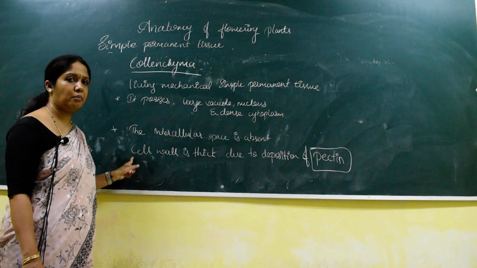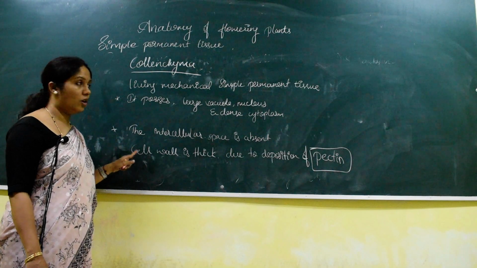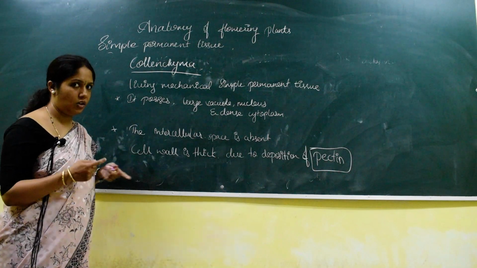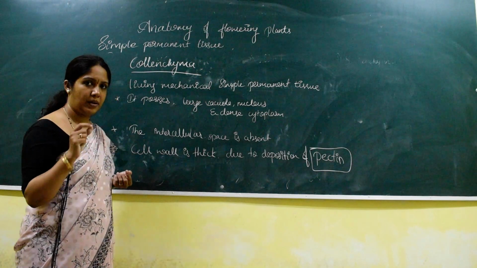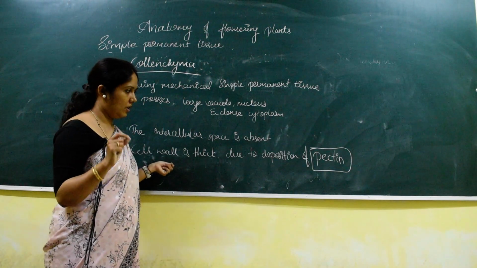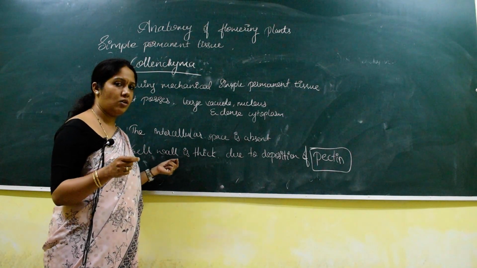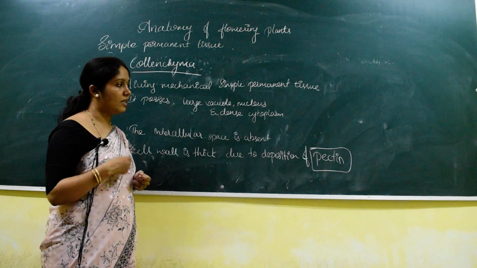This itself is a very important point. So what is the composition of the cell wall in Chloranchyma? It contains cellulose and hemicellulose also. Cellulose is the primary thing which has to be present in the cell wall. Along with the cellulose and hemicellulose, it contains pectin in its secondary wall.